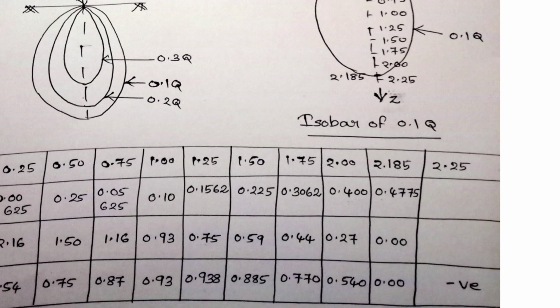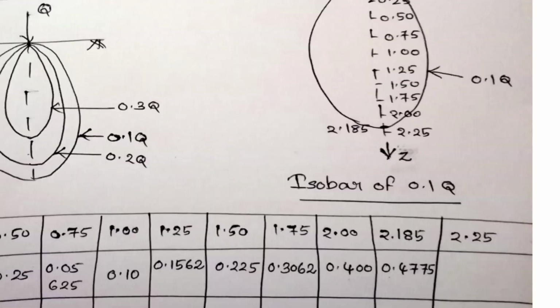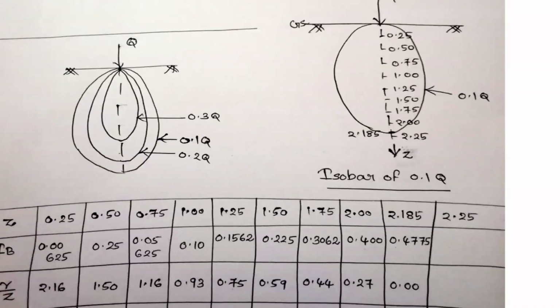So what will happen at the depth z equal to 2.25? When we use the z value 2.25, we will get the r value as negative. So 2.185 is the point where the r value equals 0. That is the maximum depth where the stress intensity is 0.1 q.